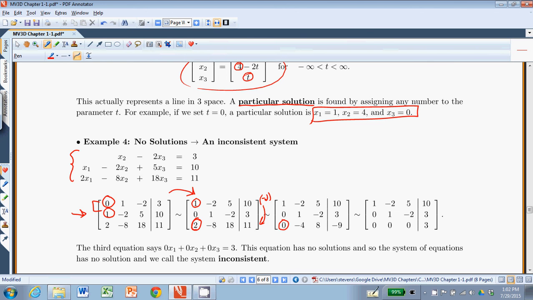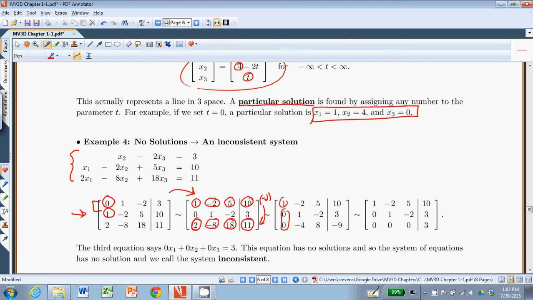That's why I chose -2 as my multiplier. -2 times -2 is 4, plus -8 is -4. 5 times -2 is -10, plus 18 is 8. 10 times -2 is -20, plus 11 is -9. And so I got my zeros below that leading 1, and I'm one step closer to my row echelon form.